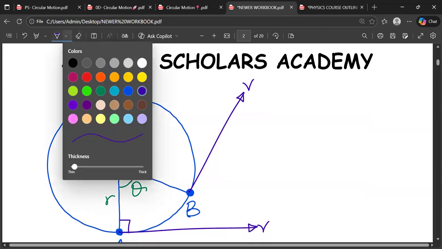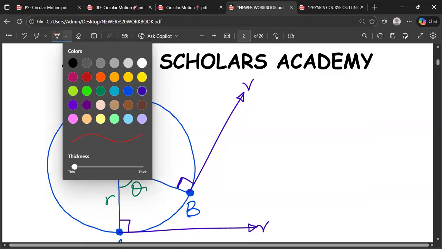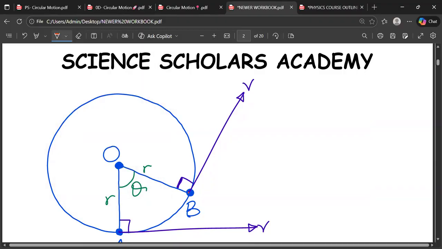Okay, so we said that here we are having our angle of 90. Then we have the horizontal component here, and I can make it stop there. Then I also have my vertical component.